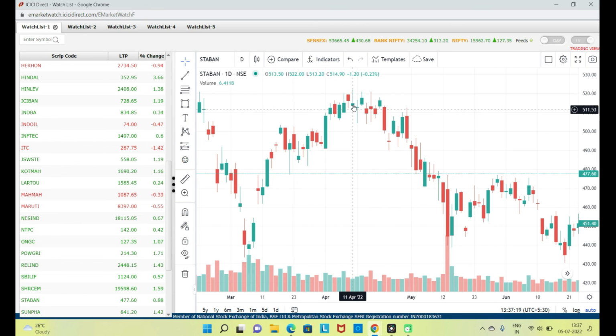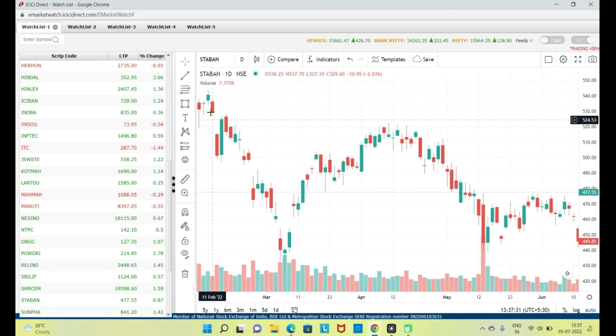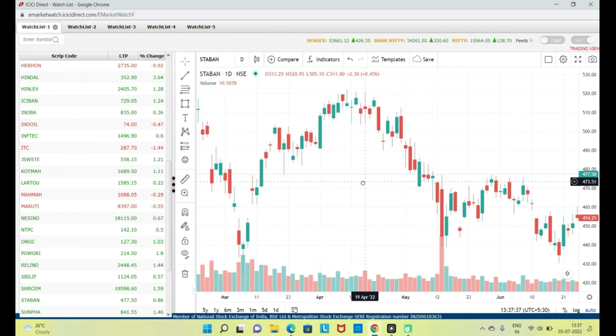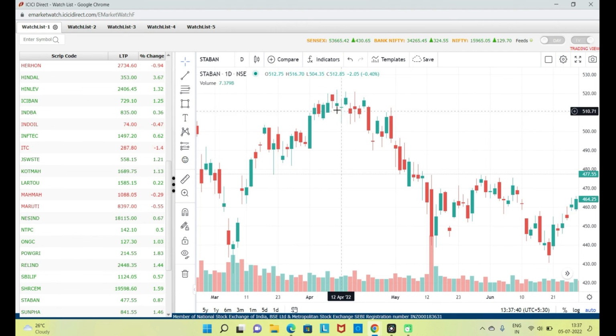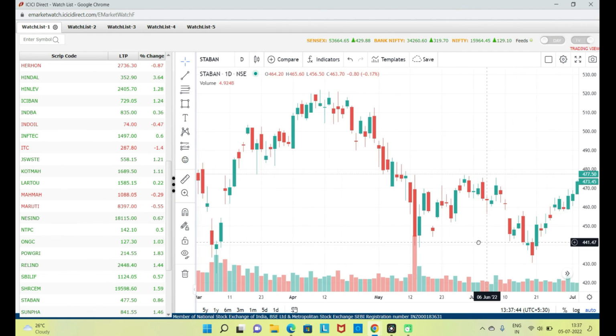After the price has moved up, you can find a shooting star here, and you can see the drop post that. In the same chart, you can also find a hammer. Hammer again is a bullish trend reversal. After the stock has fallen, you can find the hammer at the bottom and the price has moved up. And post that you can find here there is a shooting star and the stock has moved up.